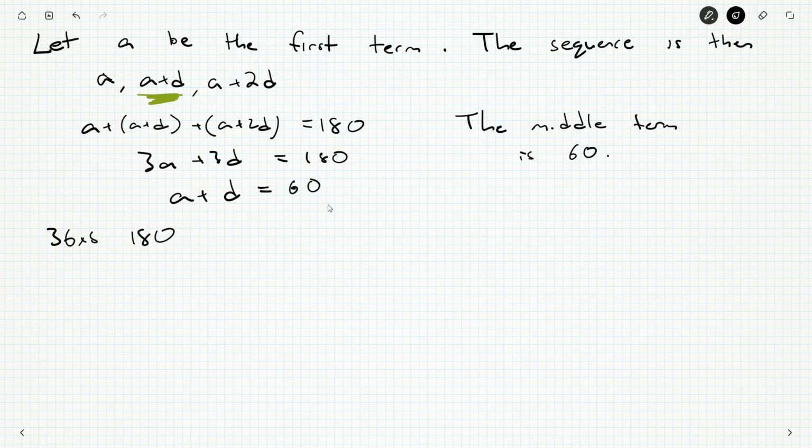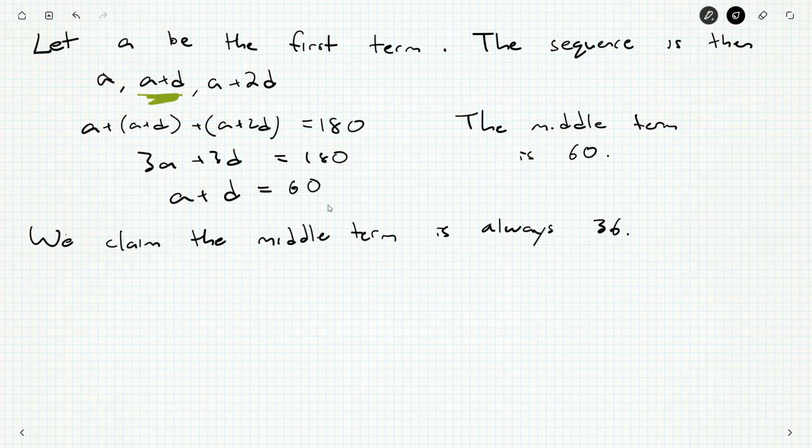Well, 36 times 5 is 180, and 5 is how many terms we have. So for B, we claim the middle term, and since there's 5 terms in our sequence, there will be a middle one. So I claim the middle term is always 36.